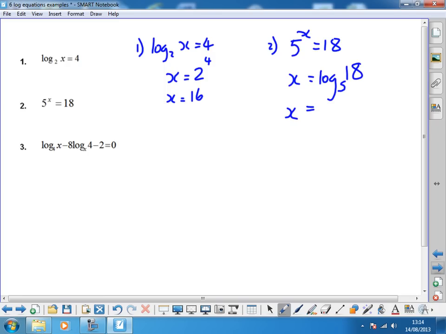If you've got the Casio, how did you get that far? Just log. Oh, that's changing the base to 10. Right, it's a standard one. Log to base 5 is in option, calc, forward, that's it.